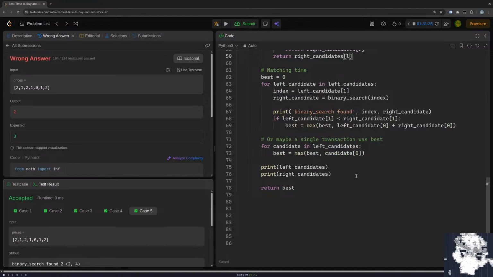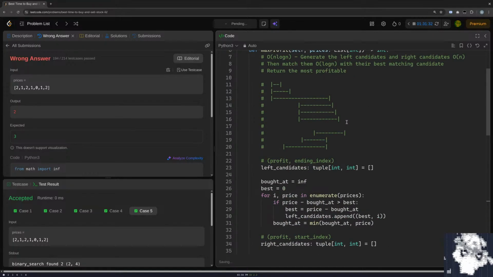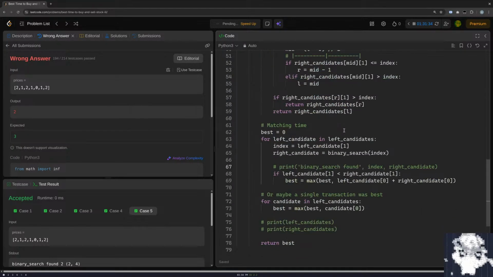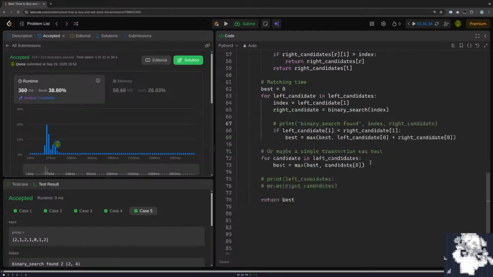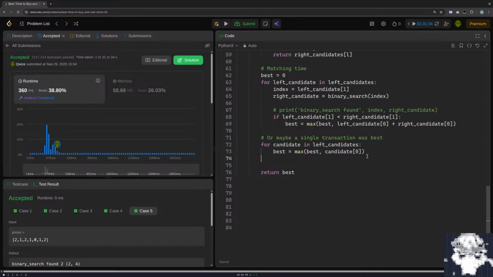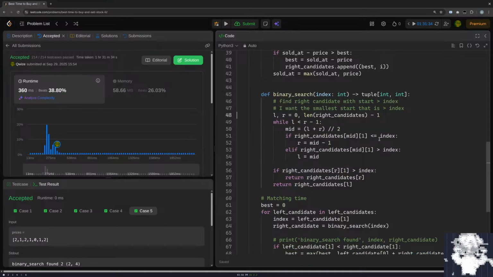Okay. I think this one will finally work. Knock on wood. N log n. We did it. We finally did it. And I don't know if there's an O(n) way to do this.